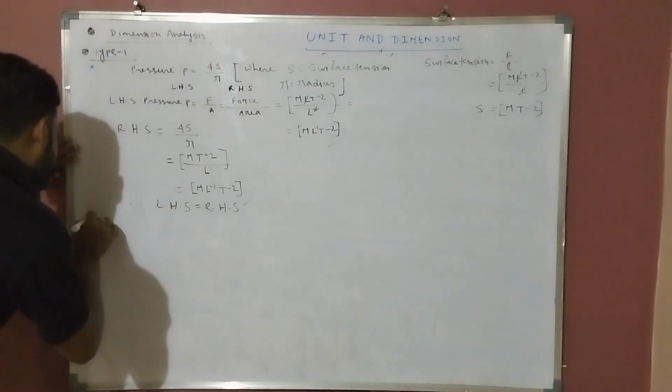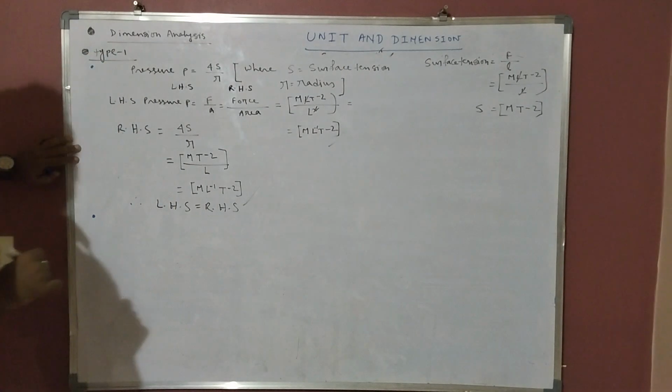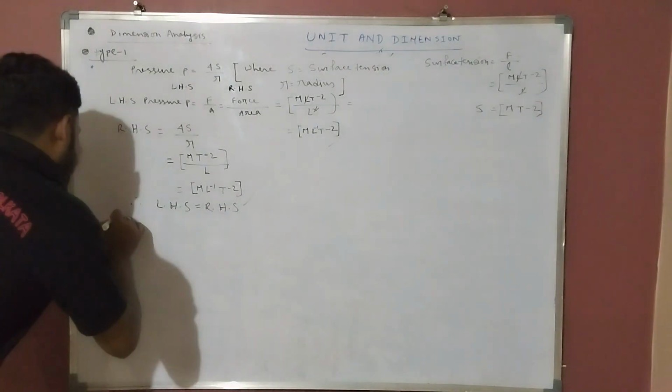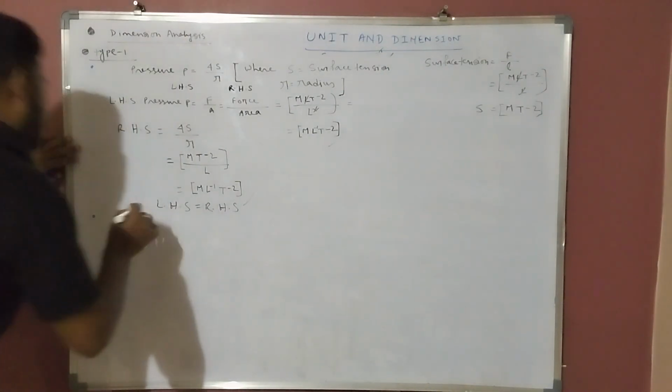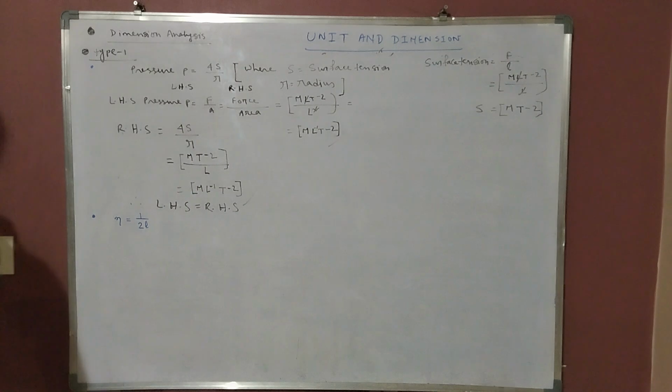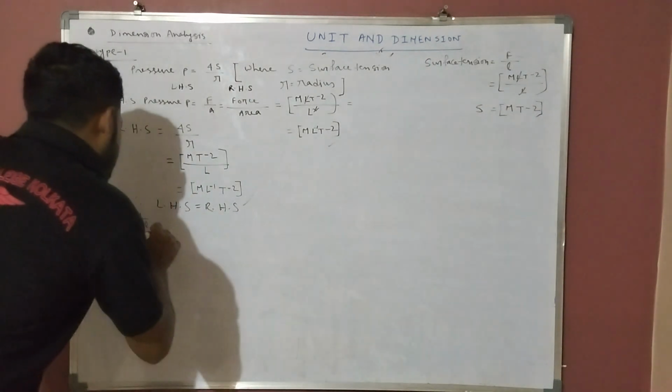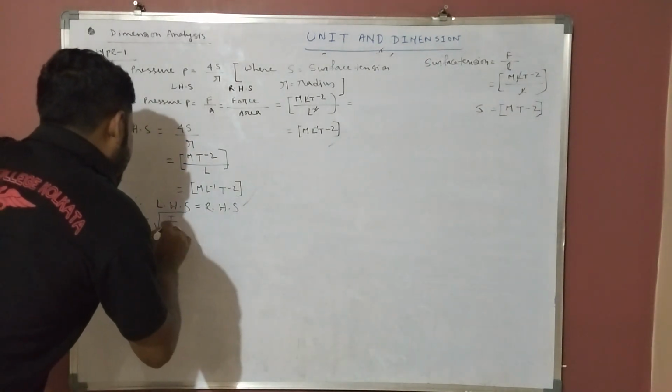In the same way, suppose the frequency of a wire N is equal to 1 by 2L root over of T by M, where L is the length of the wire.